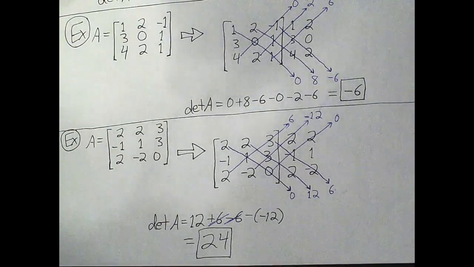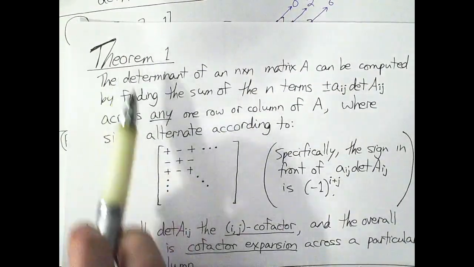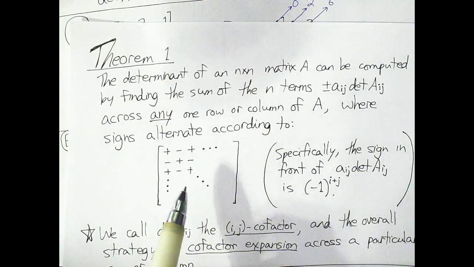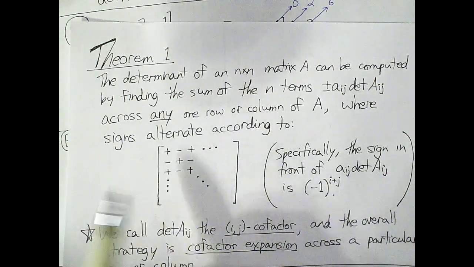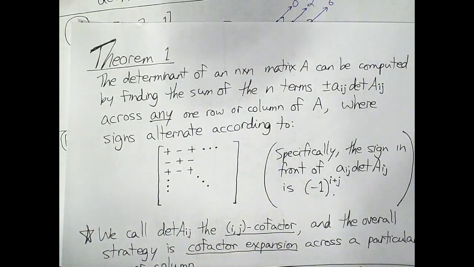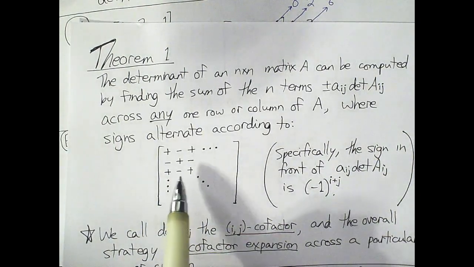If it has a bunch of zeros in it, I would use theorem 1. And I would find the row or column that has the most zeros in it, and I would probably just do cofactor expansion, especially if there's a row or a column that has 2 zeros in it, or 3 zeros in it.